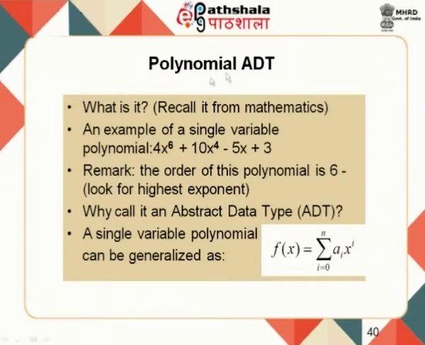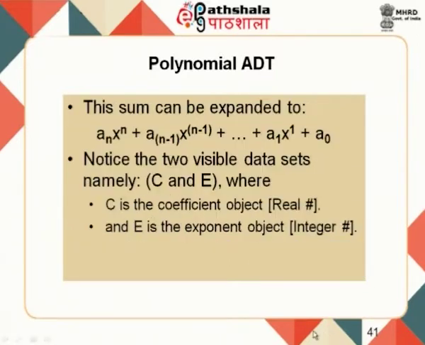Now, we will just look at a polynomial ADT, as I already explained in the beginning. This is an example of a single variable polynomial which you would have seen in your school days. The order of this polynomial is 6 because the highest power is 6. So, why would we call it an abstract data type? Because you can generalize like this and represent it like this. There are two variables, one is the coefficient of the object and the other is the exponent.